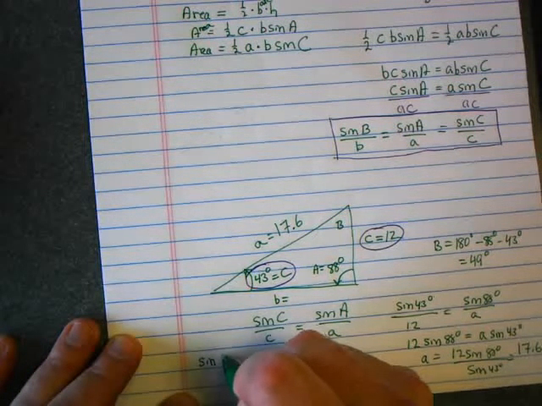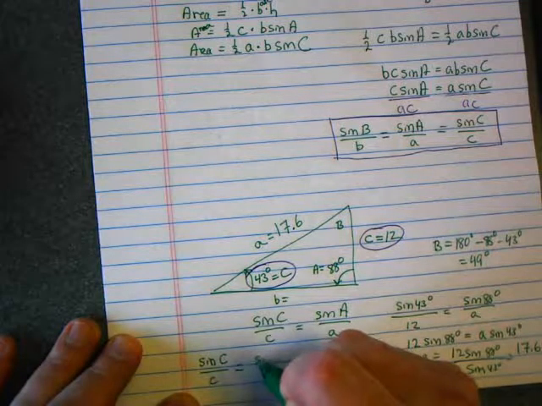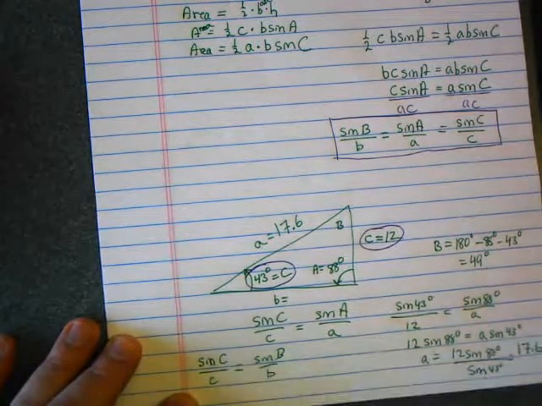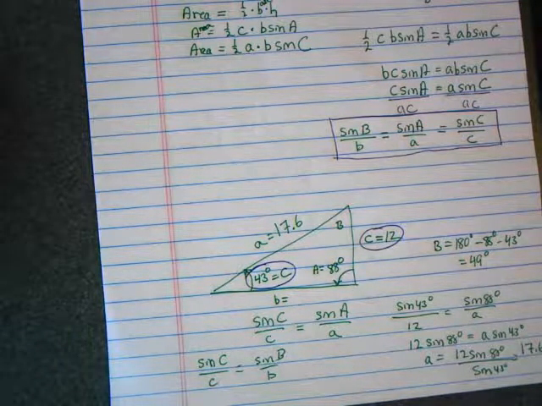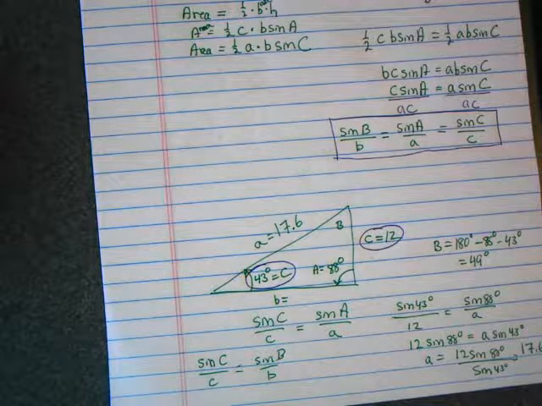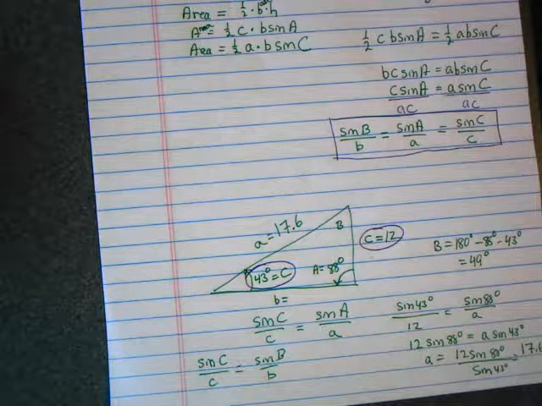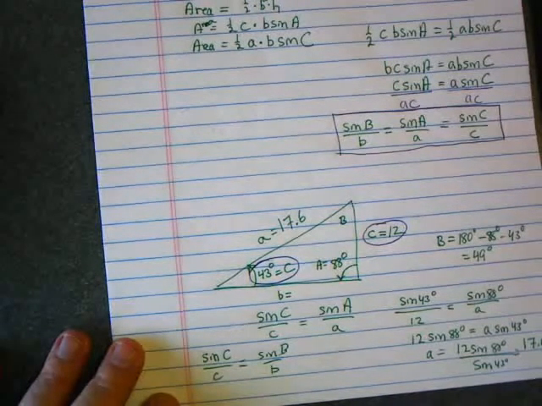So I'm going to do sine of C over C is sine of B over B. Oh, you want me to do it too? All right, well, we'll find out here.